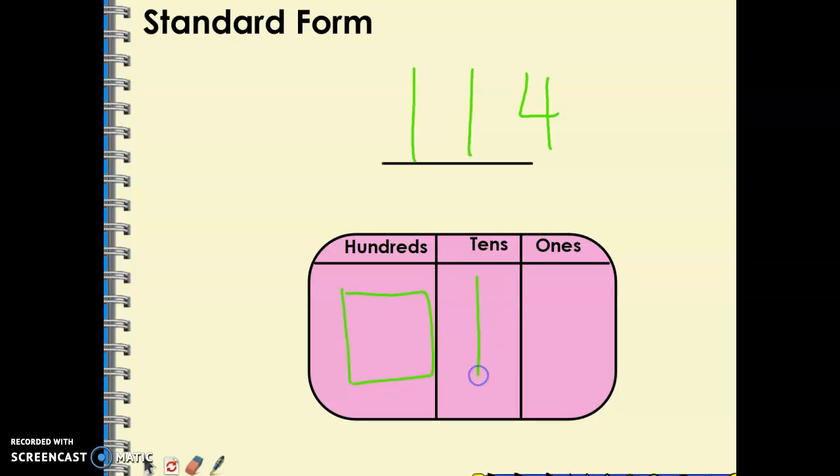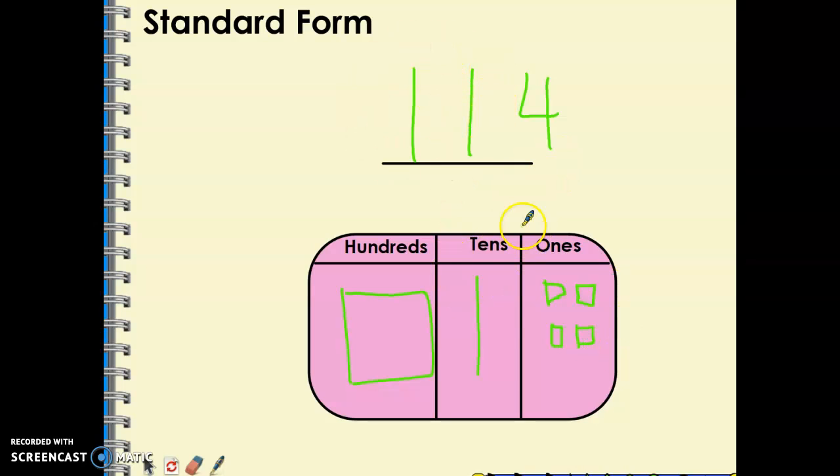The rod for my 10, and I need 4 ones. 1, 2, 3, 4.